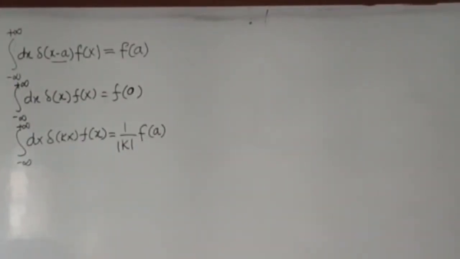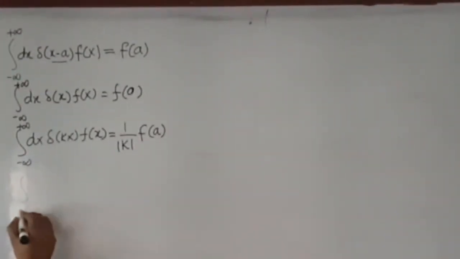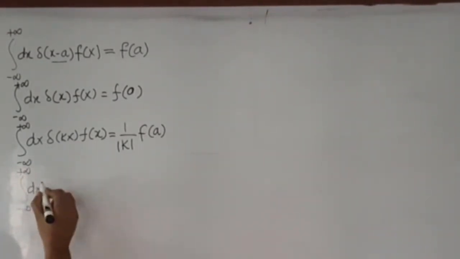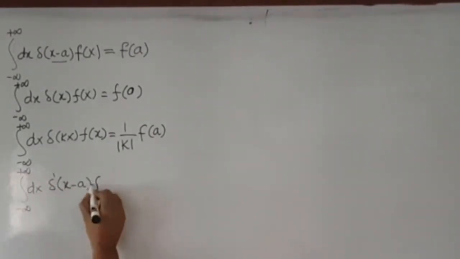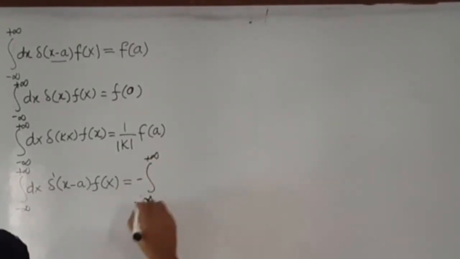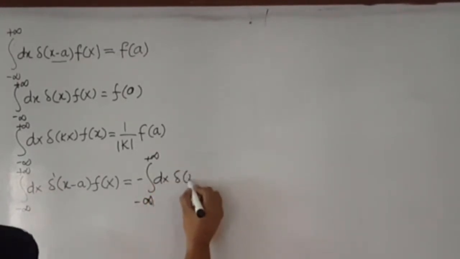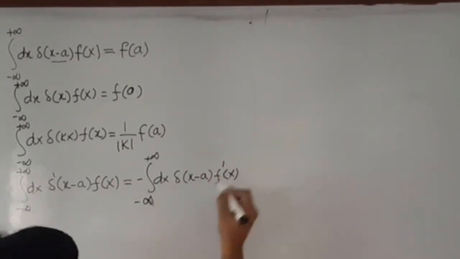If you have the delta in a derivative form, the integral from minus infinity to plus infinity of dx delta prime of x minus a times f of x will be equal to minus the integral from minus infinity to plus infinity of dx delta of x minus a times f prime of x.